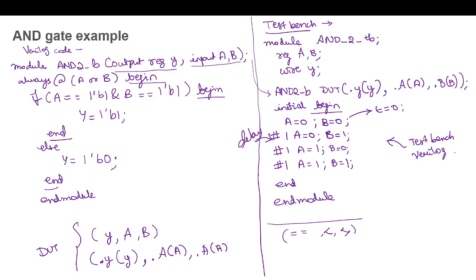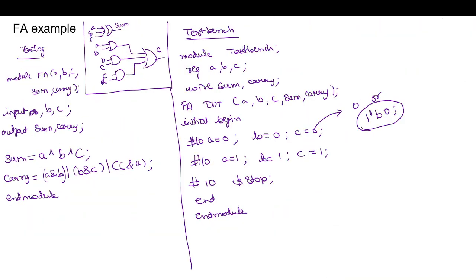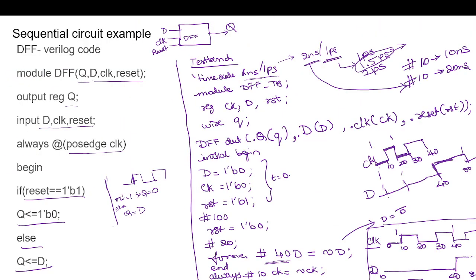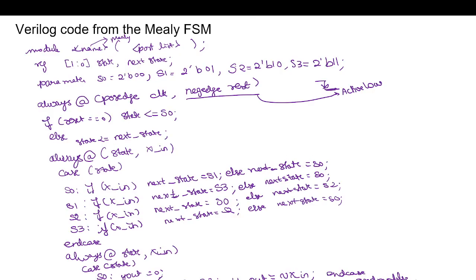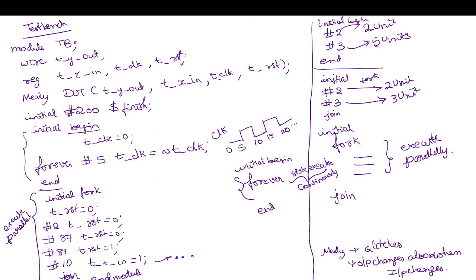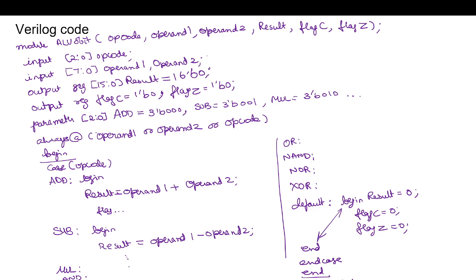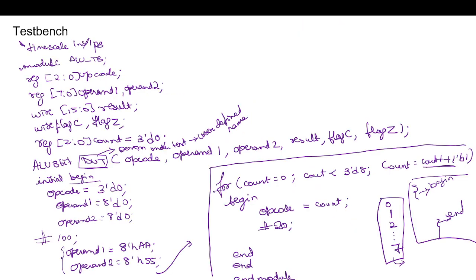So here we have used an equal to comparison, and similarly when we were using the for loop, we used a less than comparison. I hope your doubt is cleared.